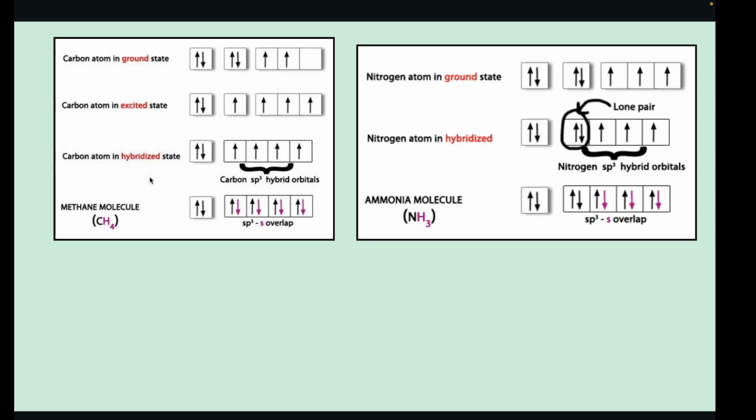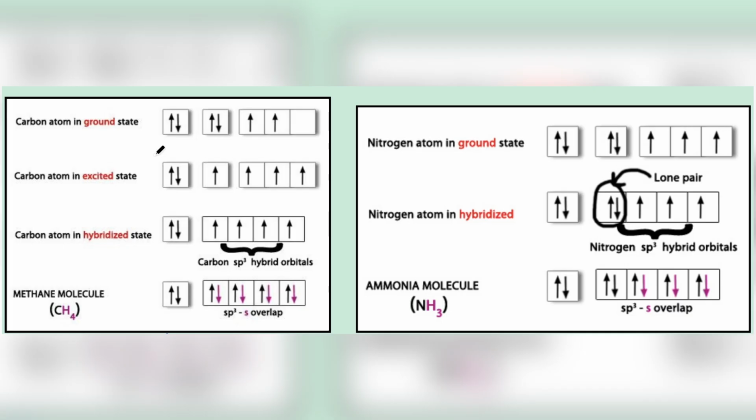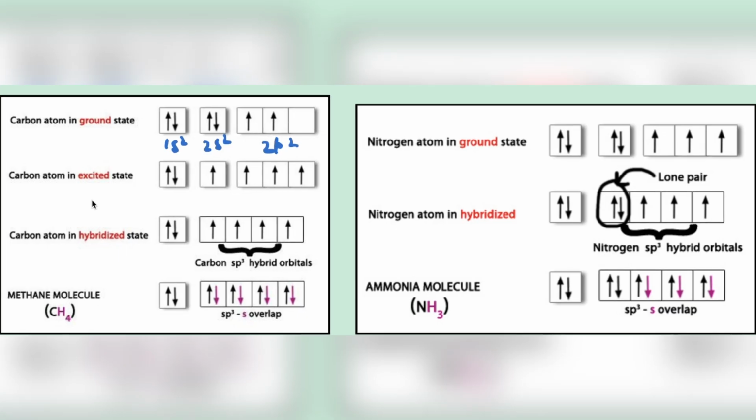To understand sp3 hybridization, we can take an example of methane. Here in this picture you can see this is 1s2, 2s2, 2p2. It is the ground state of carbon. In the ground state, there are 2 unpaired electrons in the p orbital of carbon, so it needs 4 unpaired electrons to combine with hydrogen.